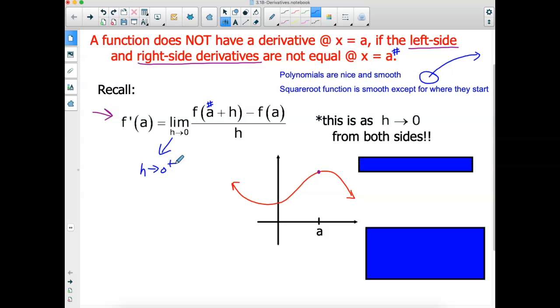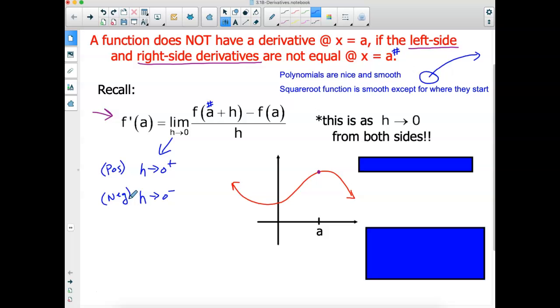Well, if I'm thinking of h approaching zero from the right, that means I'm approaching my a value from the right, because if I'm getting closer to zero from the right, h has to be a very small but positive number. And if h is approaching zero from the left, well, then h is a very small but negative number. And if I add that small negative number to a, that means I'm approaching a from the left.